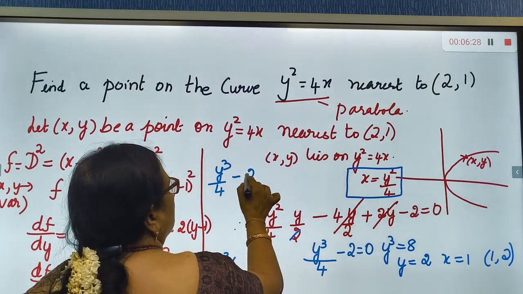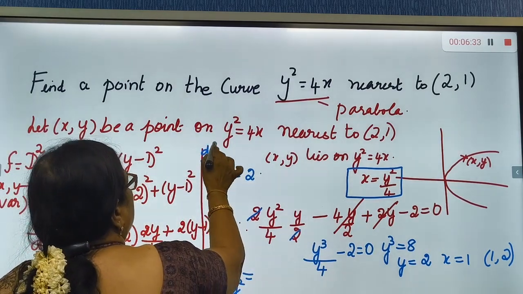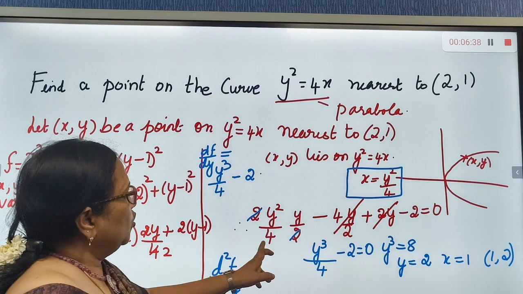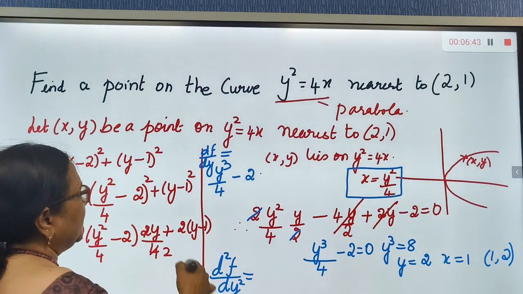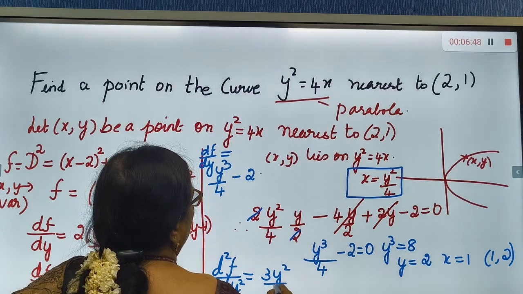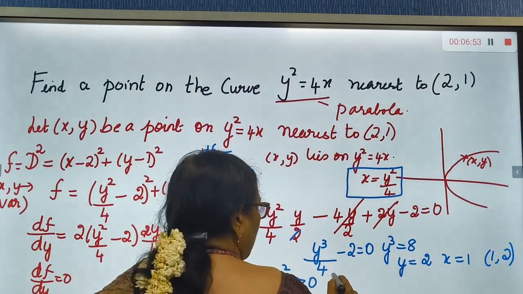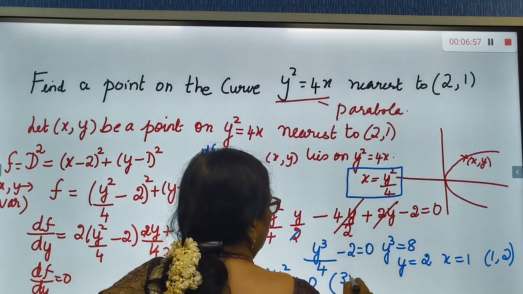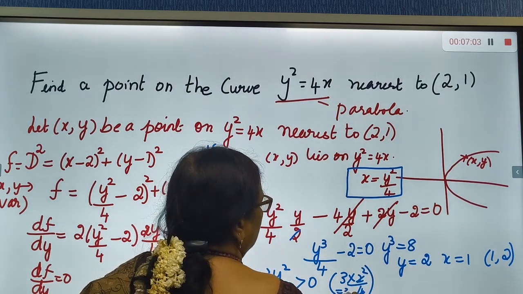The first derivative df by dy is equal to y cube by 4 minus 2, because these two get cancelled. So when I differentiate this, I will get 3y square by 4, which is greater than 0. In fact, you can substitute for 2. It is actually 3 into 2 square by 4, which is 3.